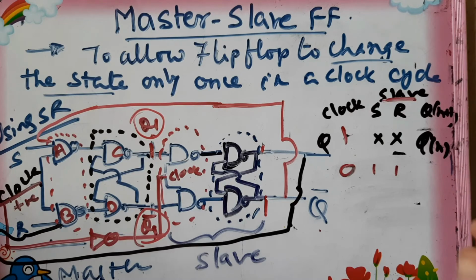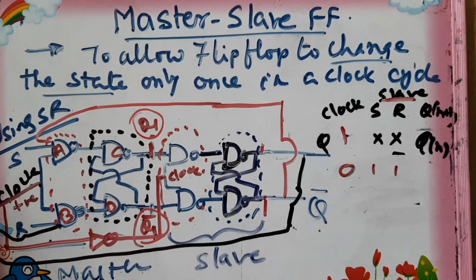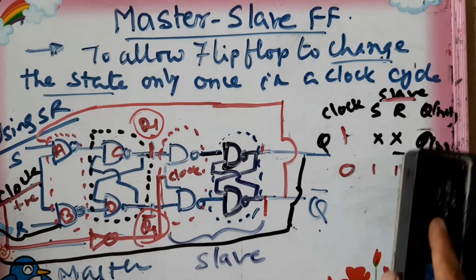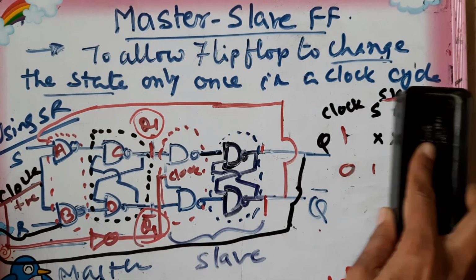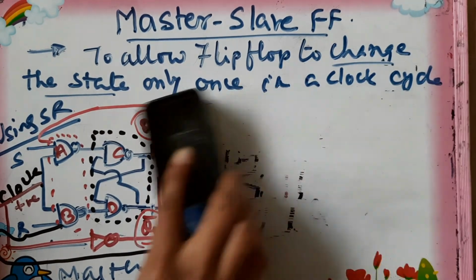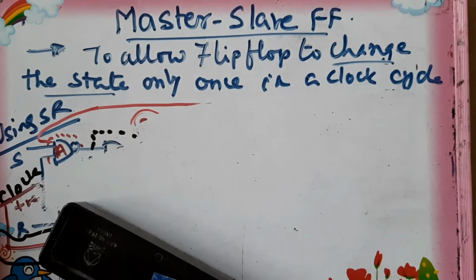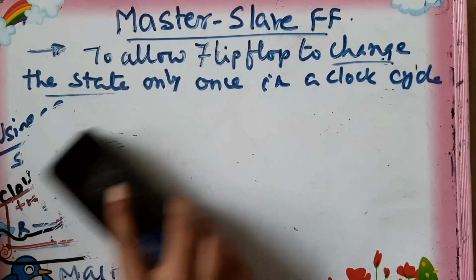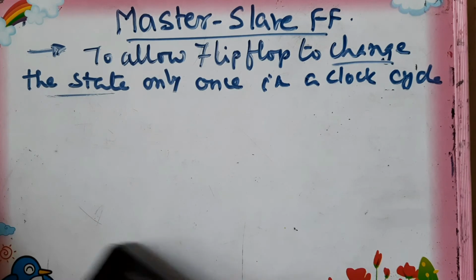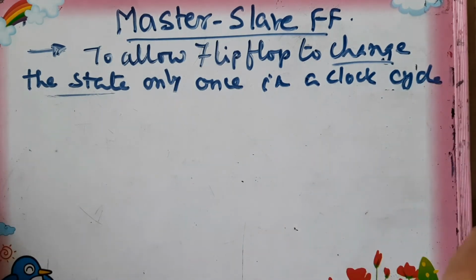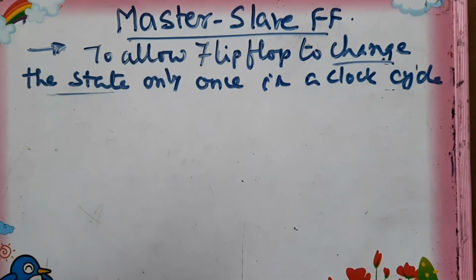Now if we see the waveforms of master slave SR, how the states, the outputs are changing with the clock. Now let us see the waveforms.